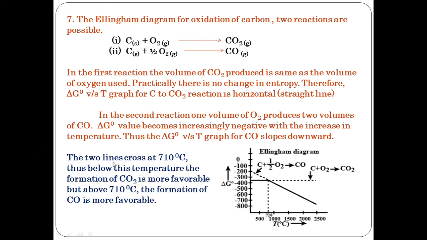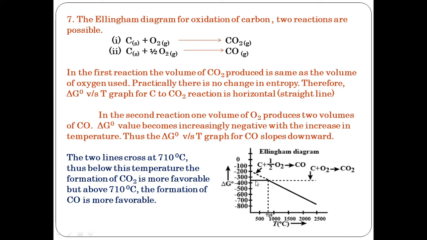The two lines cross at 710 degrees. Below this temperature, the formation of carbon dioxide is more favorable, because it has the more negative delta G value.